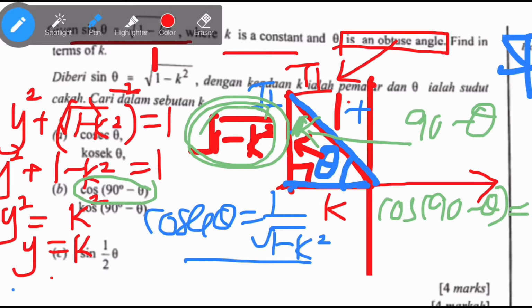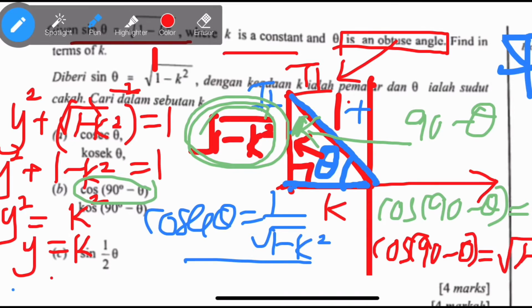Now we are looking at 90 minus theta, so your adjacent is square root of 1 minus k square. And cosine is adjacent over hypotenuse, so cos of 90 minus theta will be square root of 1 minus k square over 1.